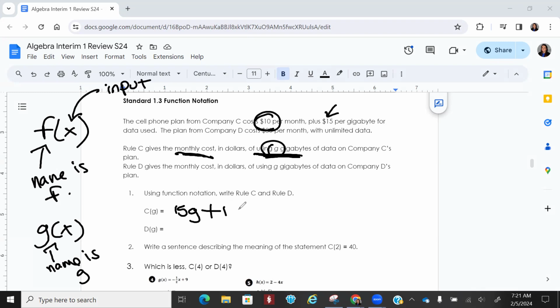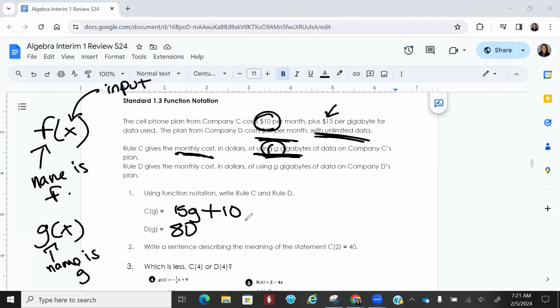We're going to say plus 10. Now looking at plan D, it says that it costs $80 per month, no matter how many gigabytes we use. So it's going to be a constant. So we're just going to say equals 80.